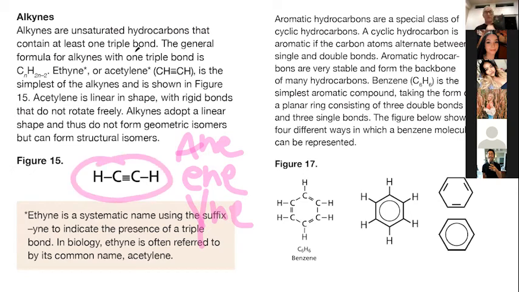What shape do you think this molecule is going to have? How many electron domains around each of those carbons? Two. And so if there's two electron domains, what shape does it make?